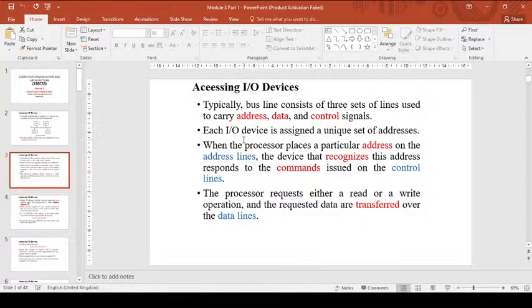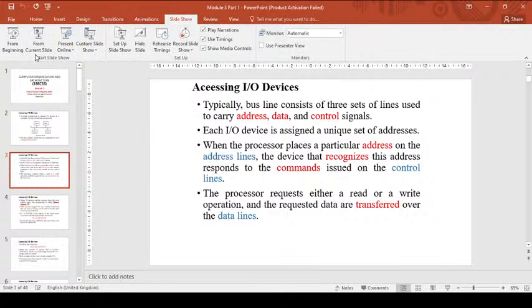Now, if data transfer has to take place between the processor and the IO devices. In the previous chapters, we have studied load and store operations, right? Data transfer between memory and the processor. If the processor is reading from the memory, it is called a read operation, memory read.